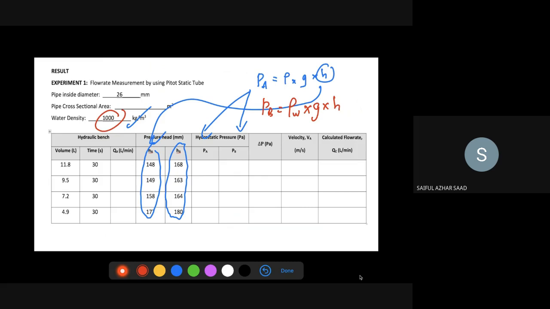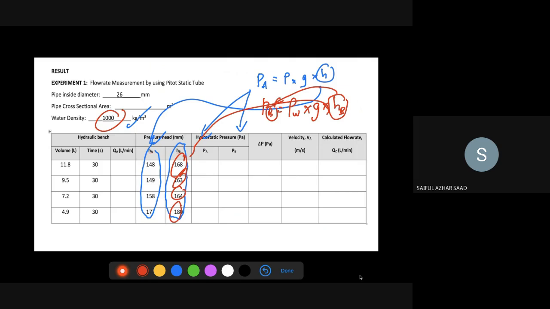Because I'm referring to point B here, I cannot simply take HA this time, because PB with h is referring to B. So I have to use HB, which is obtained from this data.